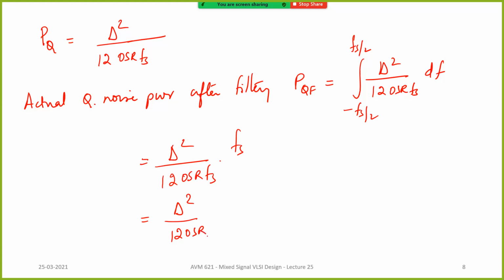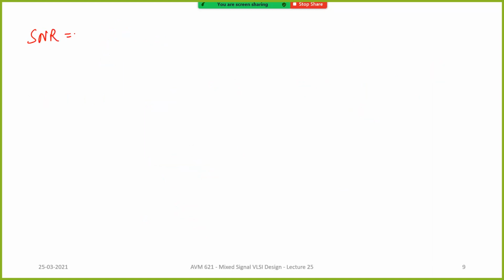Now, what is the SNR improvement that you are getting? If you write the SNR, the peak signal power, let's say A squared by 2, remains the same, right? And the SNR improvement is how much? OSR times. In other words, in dB, SNR improvement is going to be 20 log of OSR.